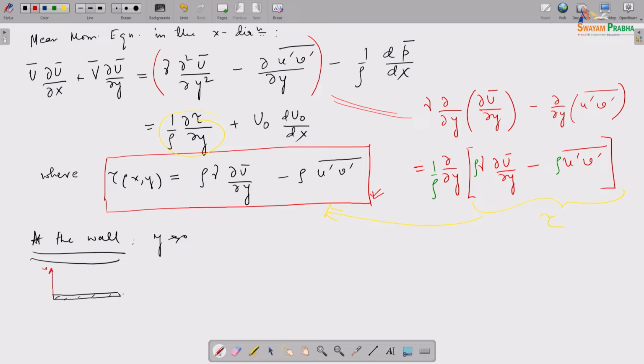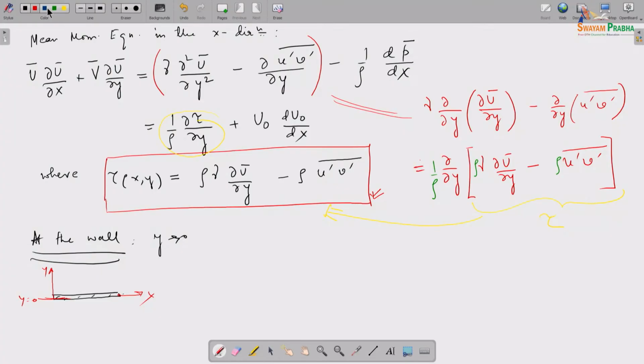This is my y, this is my x. So this is y equal to 0. At the wall, that's what I mean by wall. Now, what happens at the wall? Well, the convective terms will be 0 because the velocity itself is going to be 0.